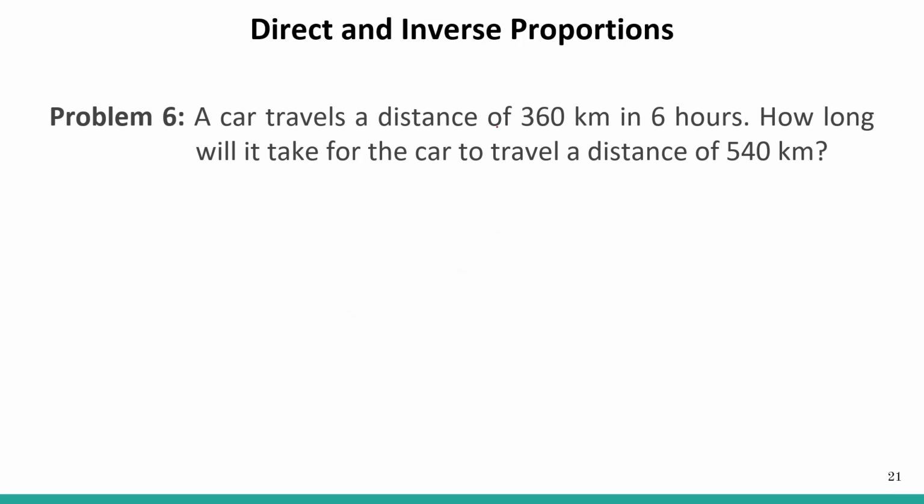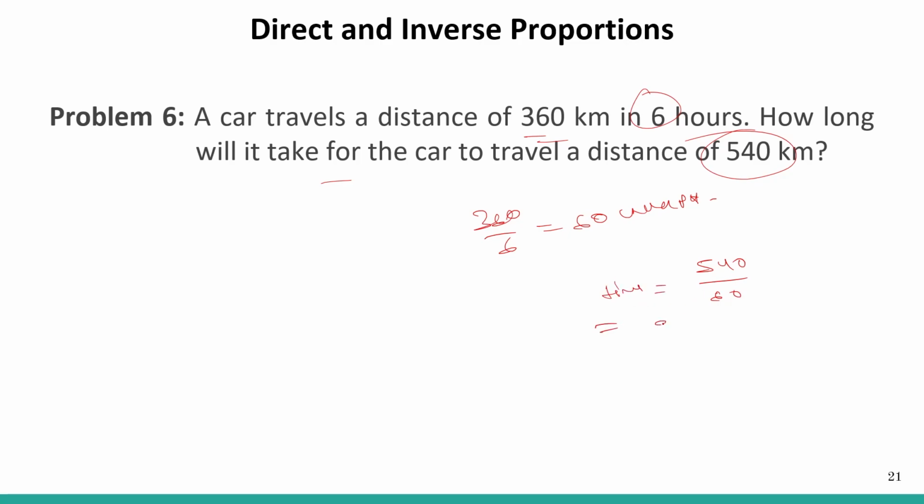A car travels a distance of 360 km in 6 hours. How long will it take for the car to travel a distance of 540 km? So 360 by 6 is equal to 60 kmph. In order to cover 540 kilometers, you will need 540 by 60, which is equal to time.